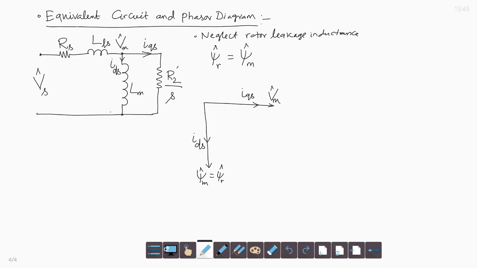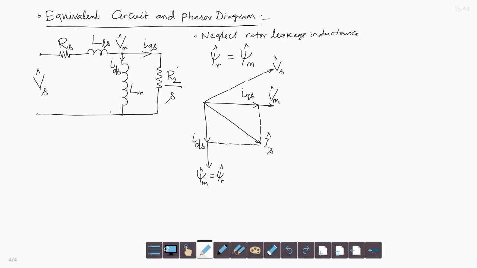IDS is the flux component of the current, because it is in phase with the flux. So, it controls the flux only, and IQS does not contribute to flux. So, it is the torque component of the current, and the phasor sum of IDS and IQS is the stator current IS. And phasor voltage Vs is at a certain angle with Vm, because of the stator impedance drop.